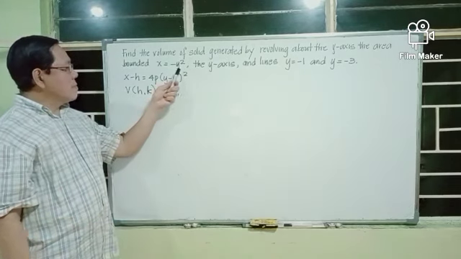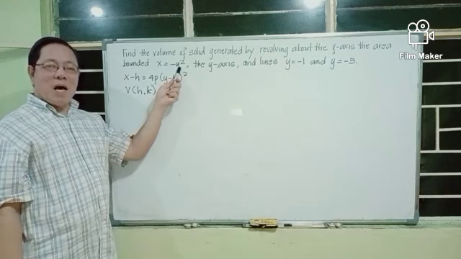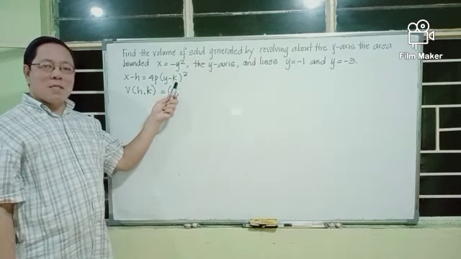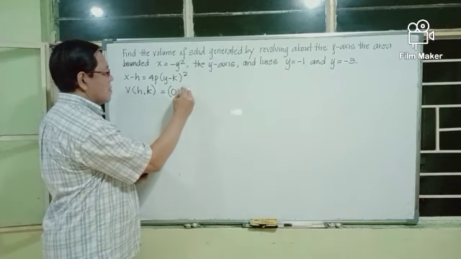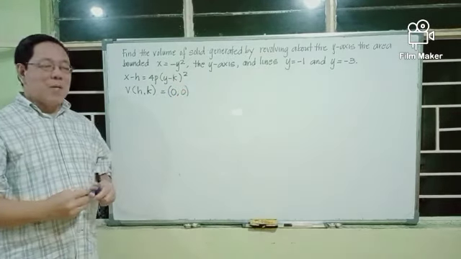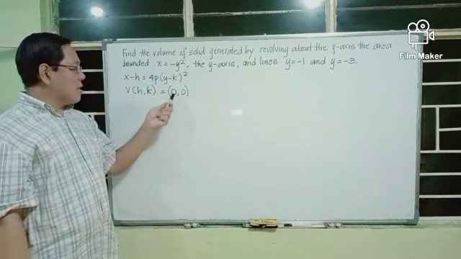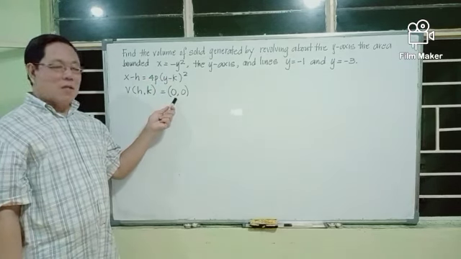And y squared can be written as the quantity y minus 0 squared, therefore k is 0. Hence the vertex of the parabola with this equation is at the origin, the point 0, 0.